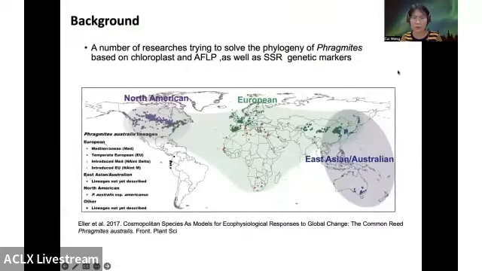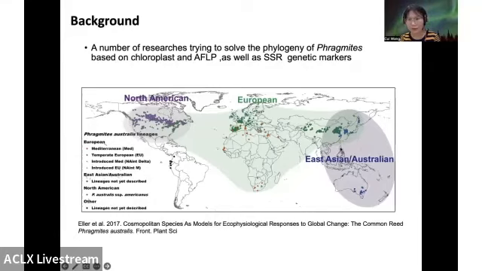A number of researchers have been trying to solve the phylogeny of Phragmites based on chloroplast and AFLP, as well as SSR genetic markers. Based on chloroplast, people classified the Phragmites into the North American native lineage, the North American invasive lineage, which was later found to be sourced from Europe, so part of the European lineage, the Mediterranean lineage, and the East Asian and Australian lineage.